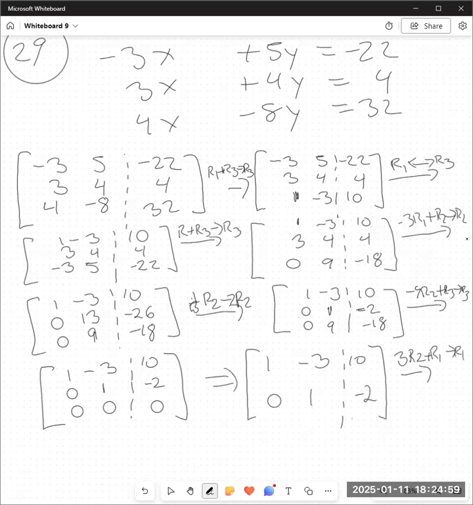And I get that this is 1, 0, and then 10 minus 6 is 4, 0, 1, -2, and I get x is equal to 4, y is equal to -2, and I could write that as the ordered pair (4, -2) as my solution.